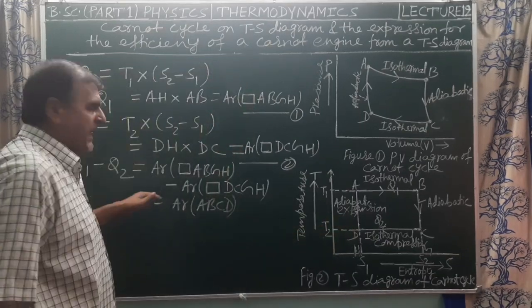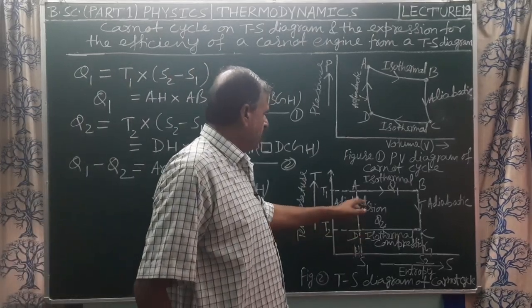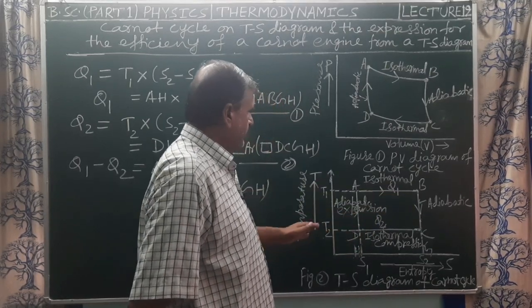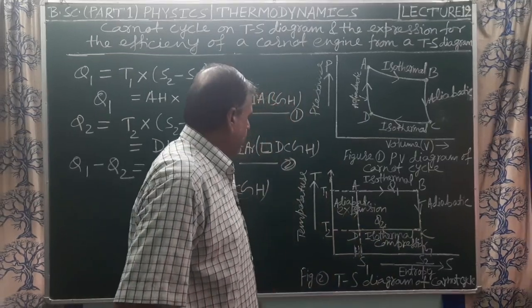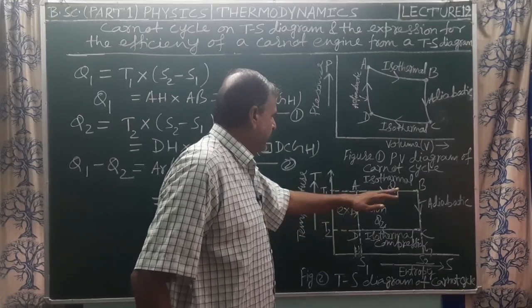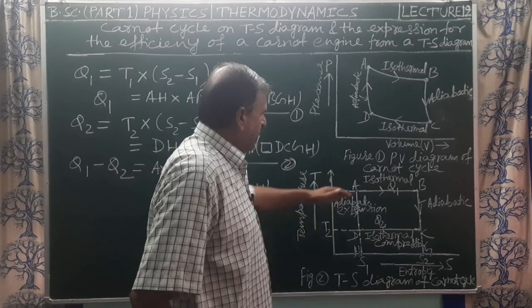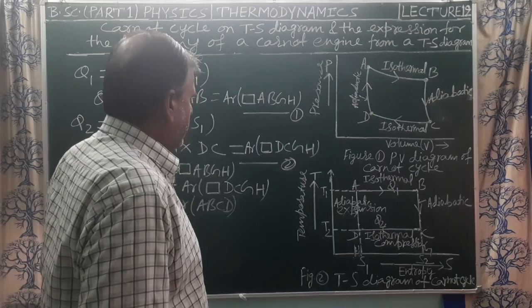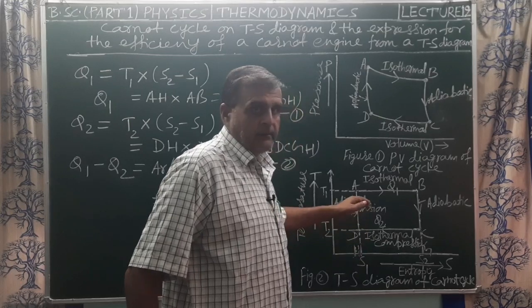ABCD will be equal to Q1 minus Q2. The area of ABCD is AB into BC, where BC or AD represents T1 minus T2, while AB represents S2 minus S1.